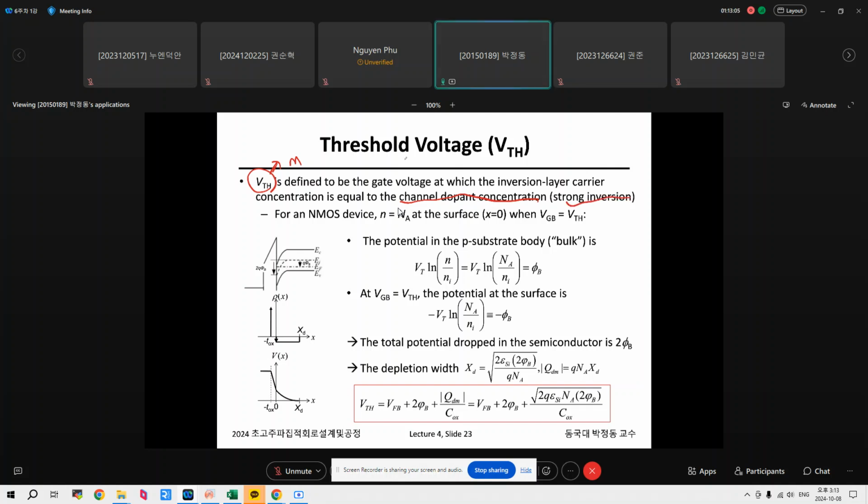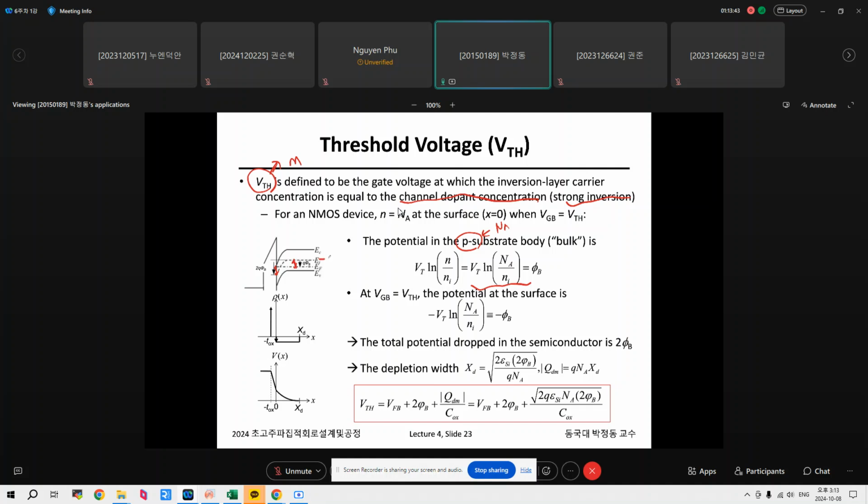So for the P substrate, it is doped by Na. Therefore, the potential at the surface of a P substrate body is given by this equation. Okay, so this is this potential. Since the channel is inverted, this amount is exactly the same as this amount.